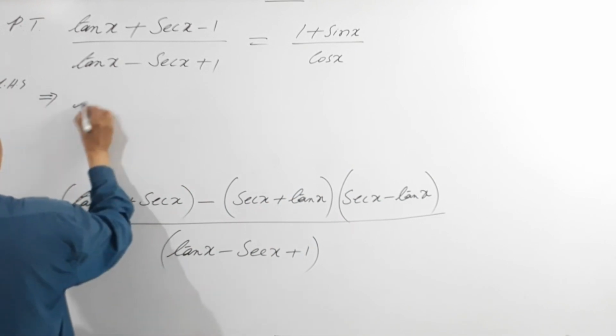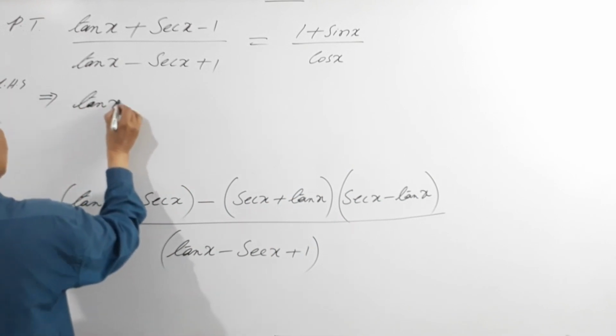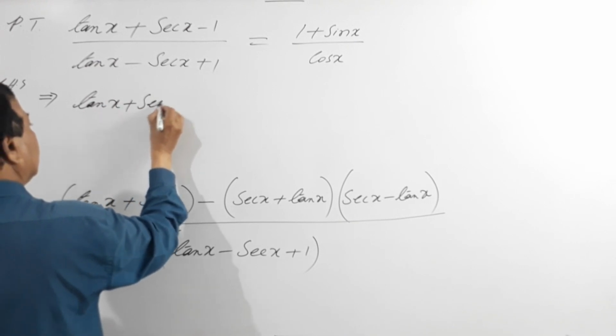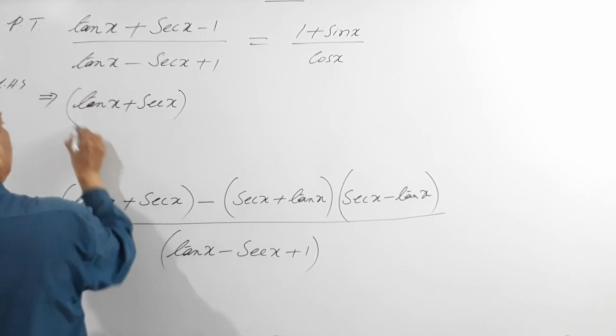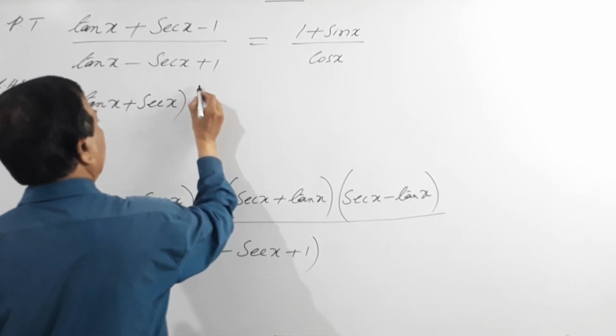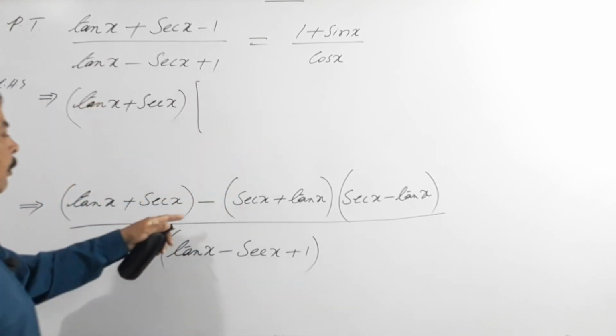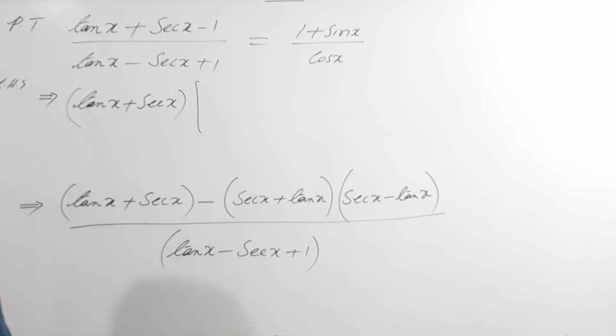I take tan x plus secant x common. I'll write a square bracket. Whenever I take a common, they can have a square bracket.